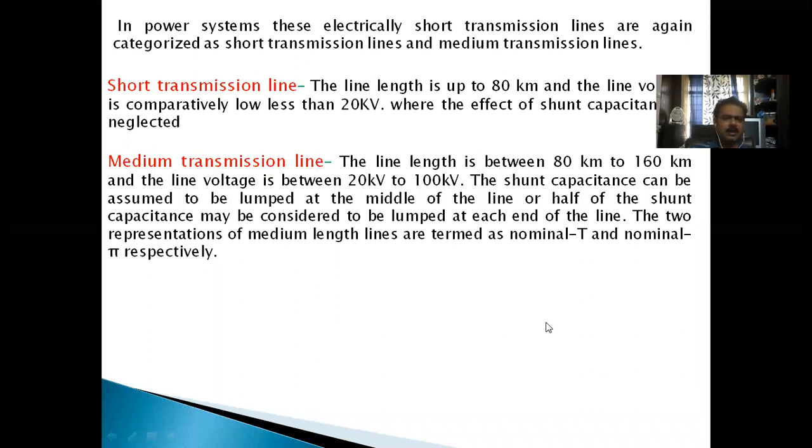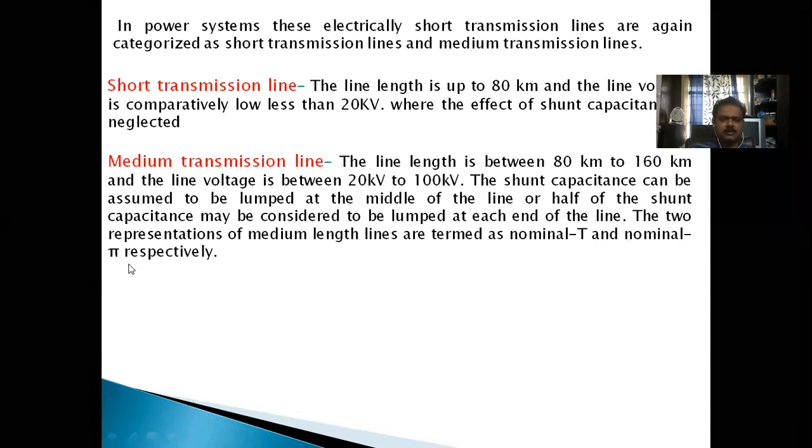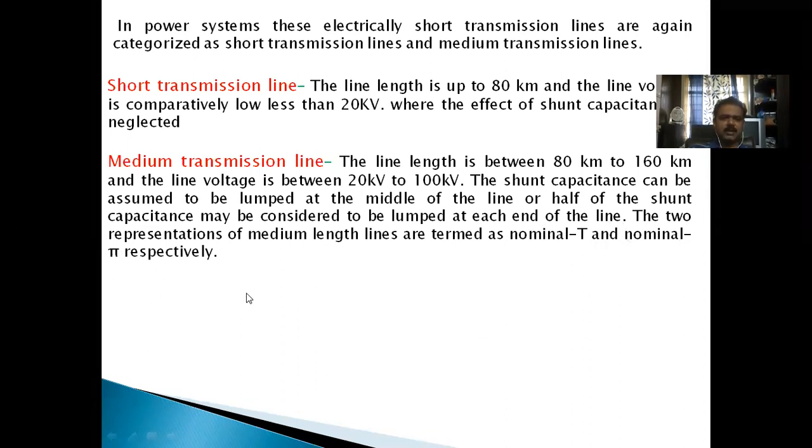If we consider the shunt capacitance as a lumped value at the midpoint of the line, that is termed the nominal T model. If half of the shunt capacitance is connected at the receiving end, and the other half at the sending end, that model is termed the nominal pi model.